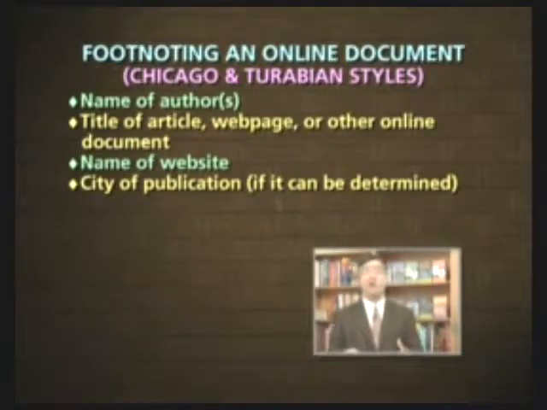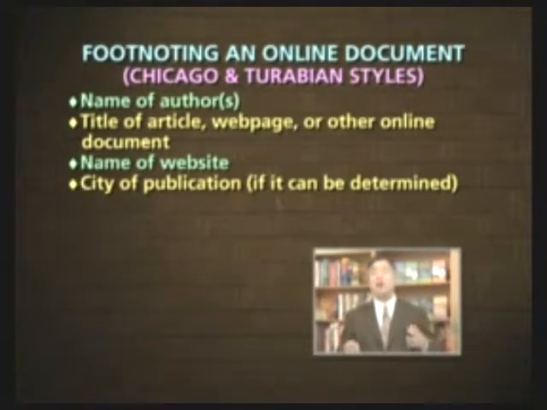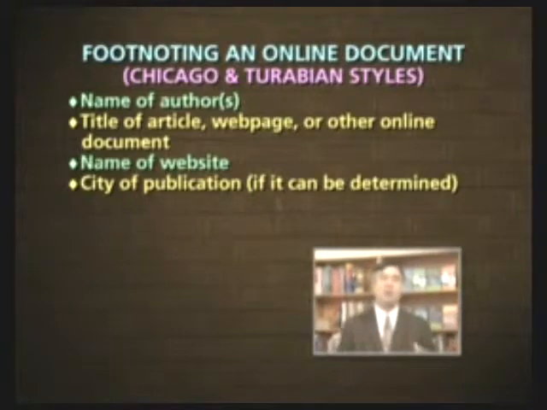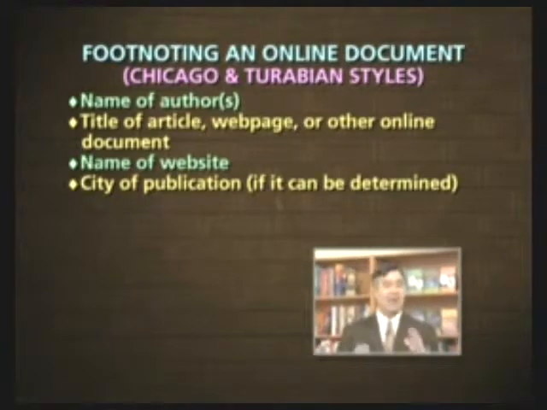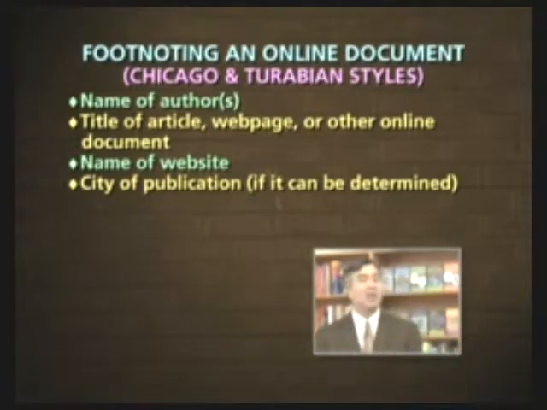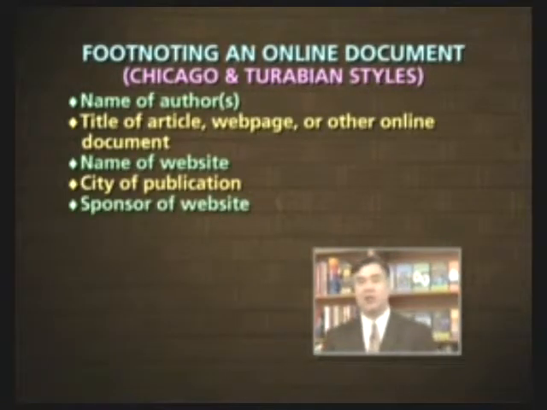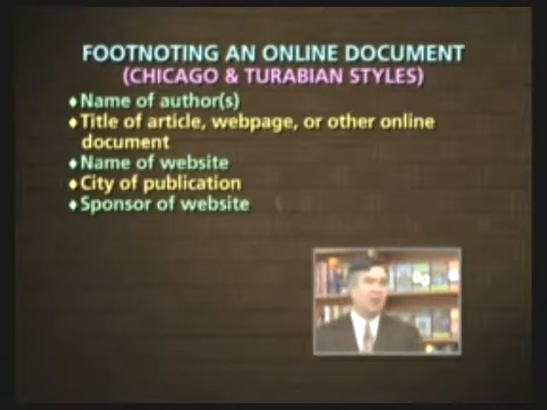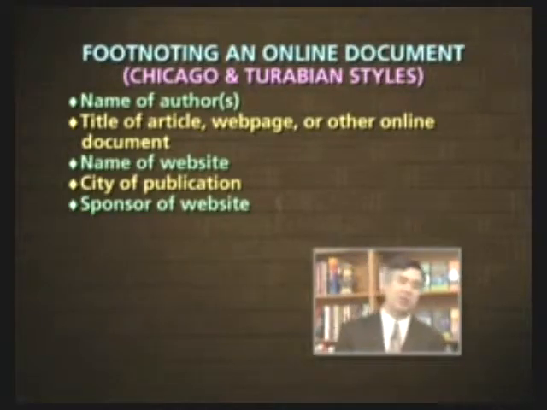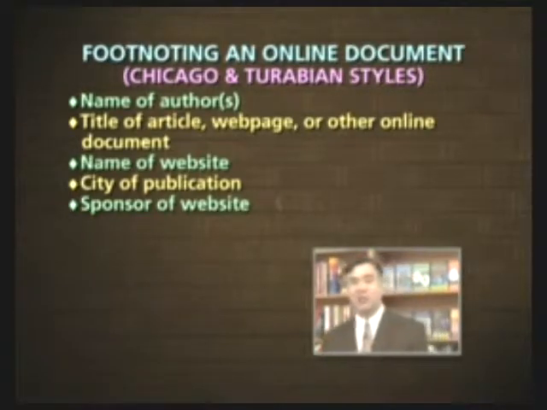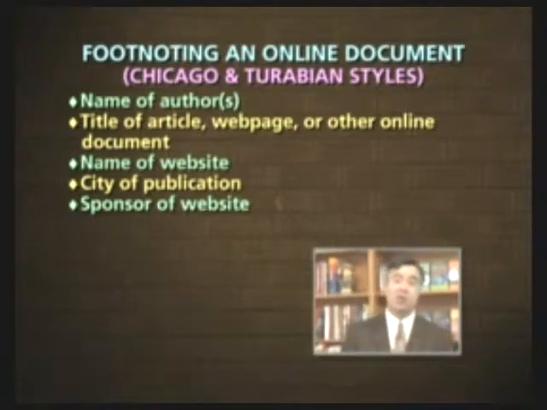Very often, somewhere on the website, it will give the name of the city where the organization or people who created the website are located, and put that in just as you would put the city of publication for a book. Then the sponsor of the website. This is usually some organization. It could be a publisher, a university, an association, a foundation, or a commercial business.